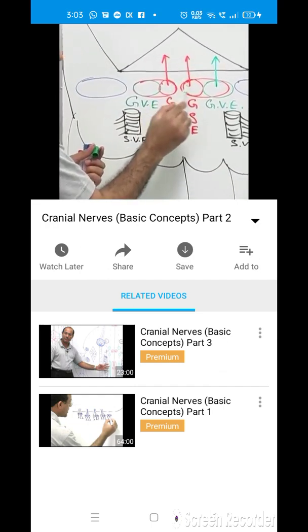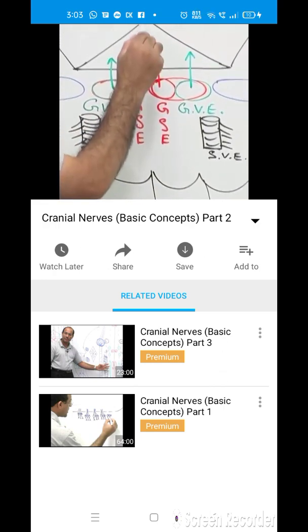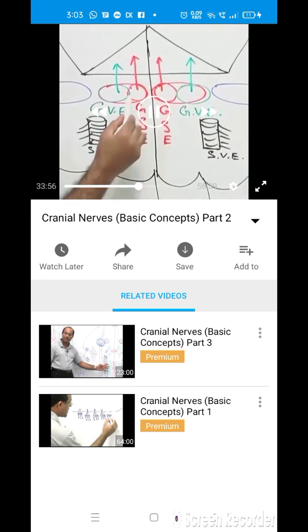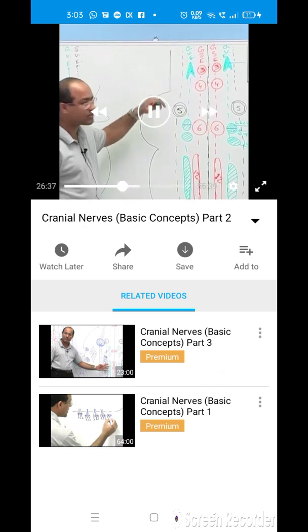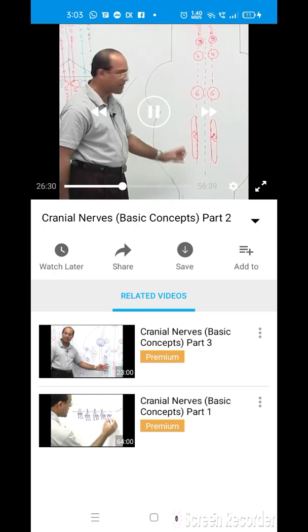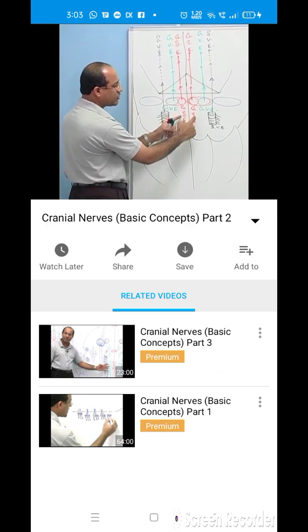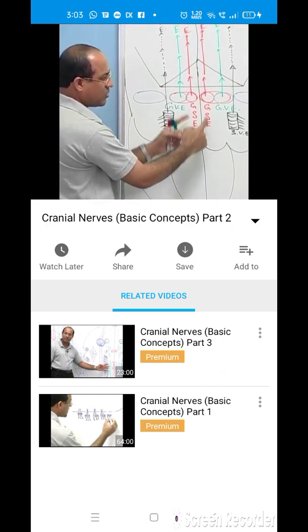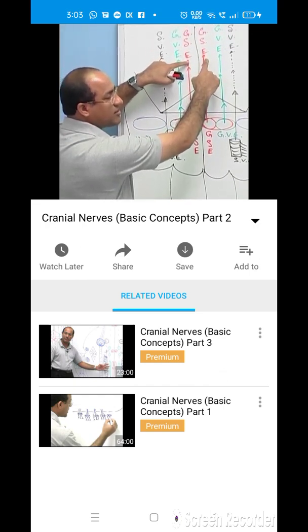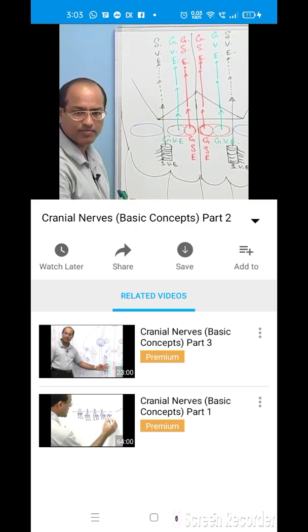There should be, on each side of the median area, general somatic efferents, starting from the midbrain. This column supplies the 3rd, 4th and 6th nerves for the extraocular muscles, and then the 12th for the muscles of the tongue.